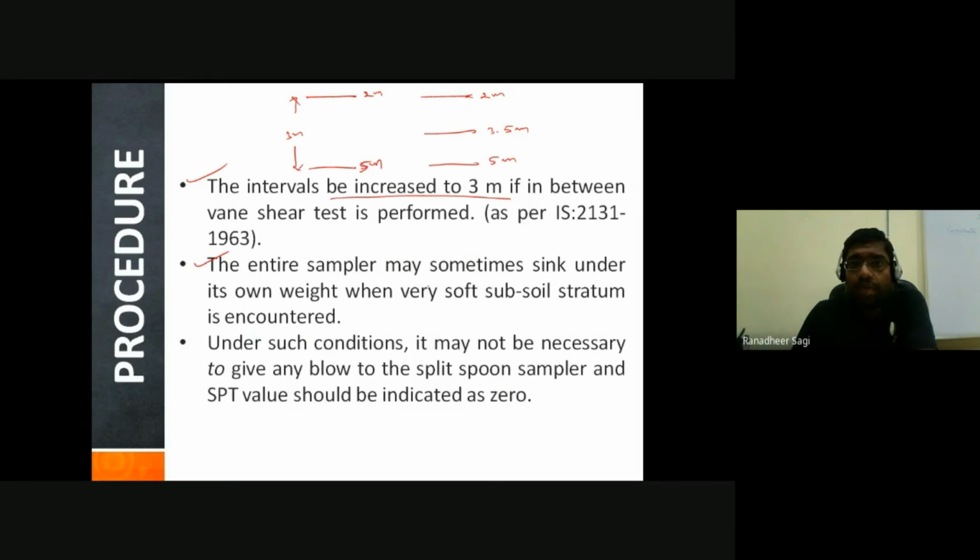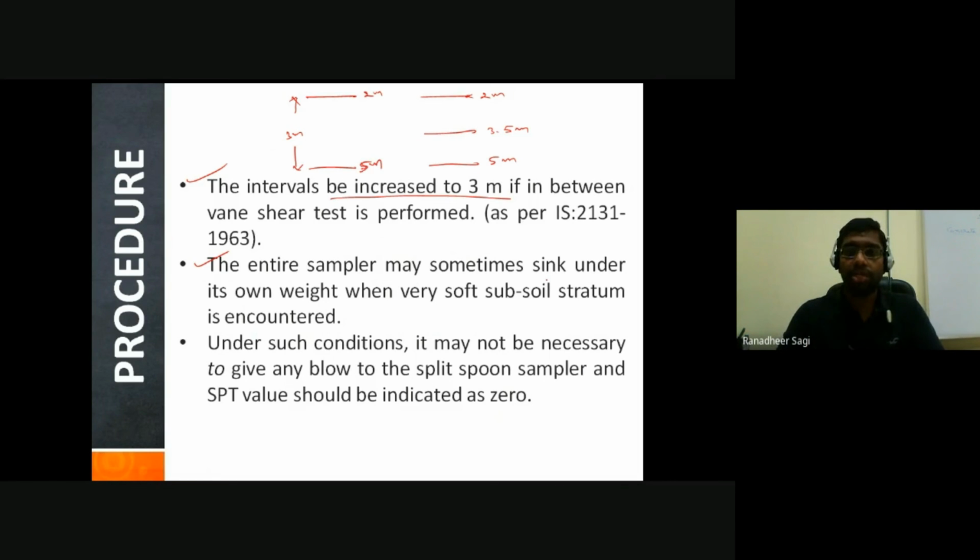The entire sampler may sometimes sink under its own weight, so you need not apply any blows. Just because of the self weight of the sampling tube itself, there could be certain situations where the sampling tube can completely sink into the soil. That one foot depth of penetration, without even giving a single blow, you might see the complete penetration of your sampling tube.